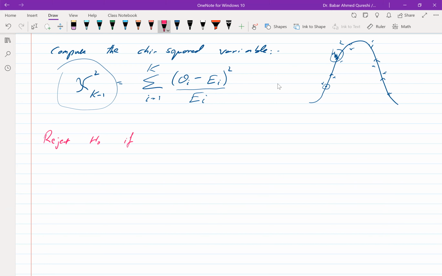So when do you do it? If this thing which you have computed is greater than a critical value, like if it's too big. How big? Again, it depends on your significance level.